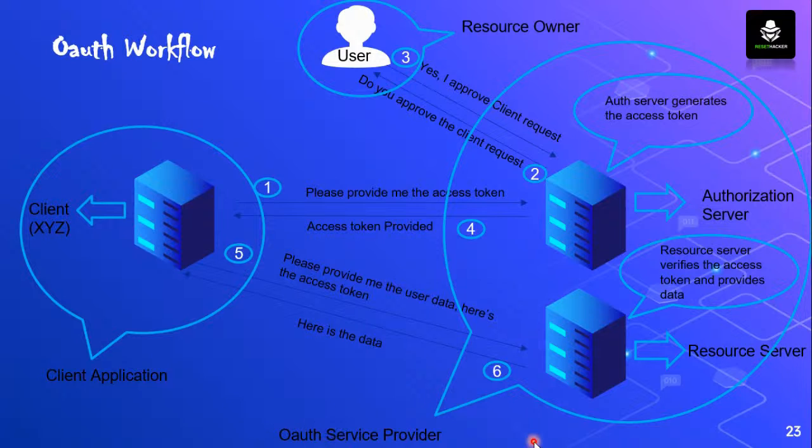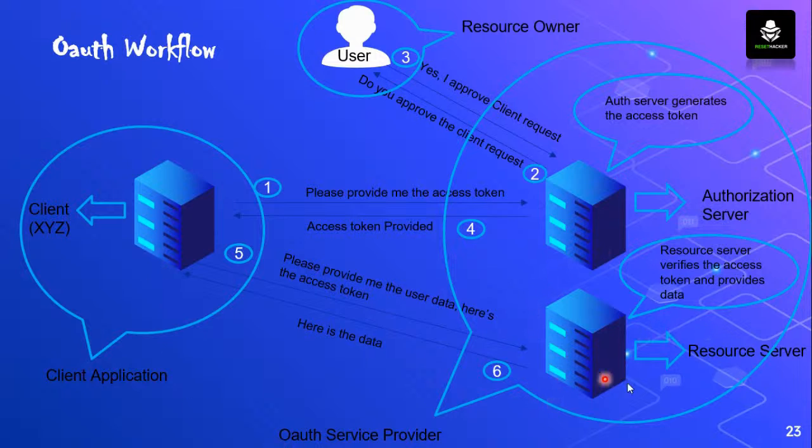One thing I forgot: in the OAuth service provider, there will be two things, the resource server and the authorization server. The authorization server will verify the user's permission, that he really wants to give his public information access to the client application, and it will generate an access token and provide it to the client application.